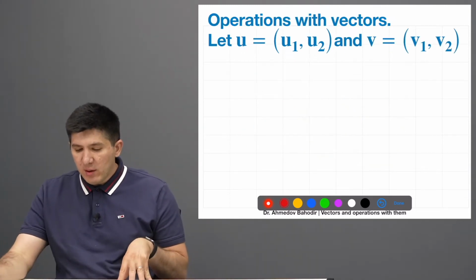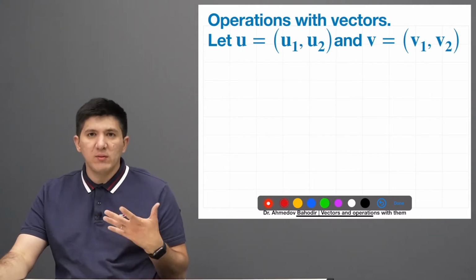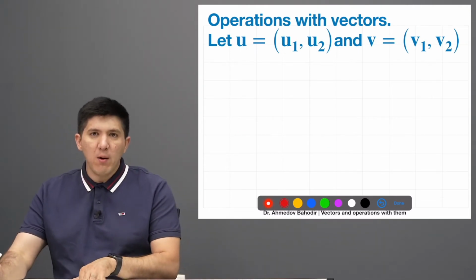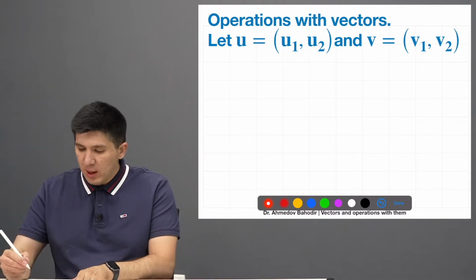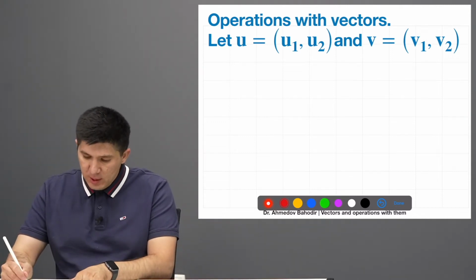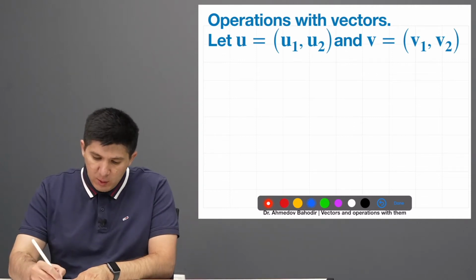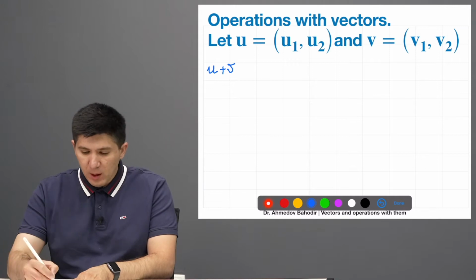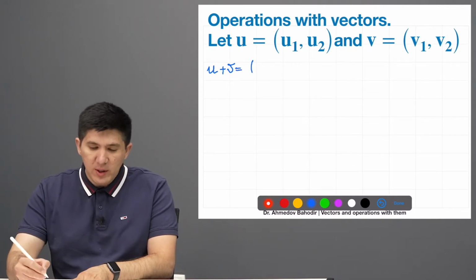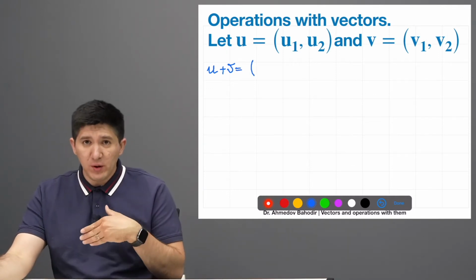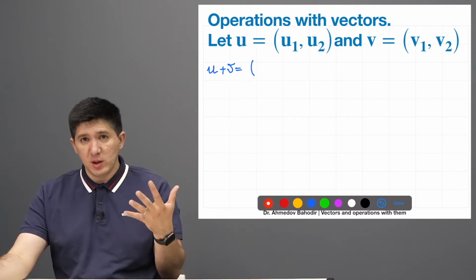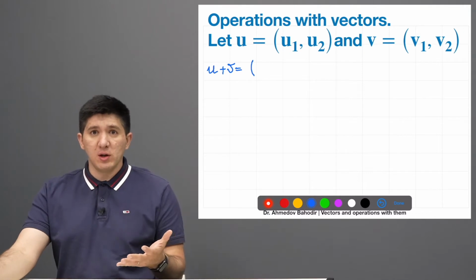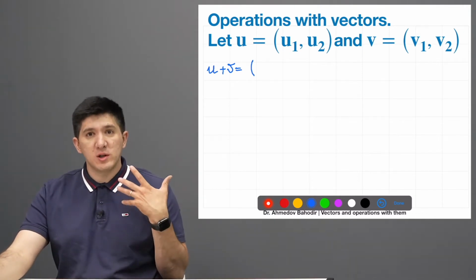If you are given these two vectors, u and v, as two-tuples, how are we going to add or subtract them? Let's say you're given u and v, and you would like to add them. We are going to create again a vector. If you're given two vectors in two-dimensional space, given with two-tuples, the sum is also going to be a vector in 2D with two tuples.